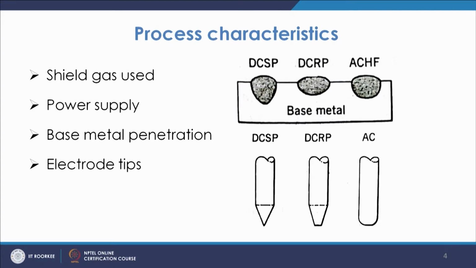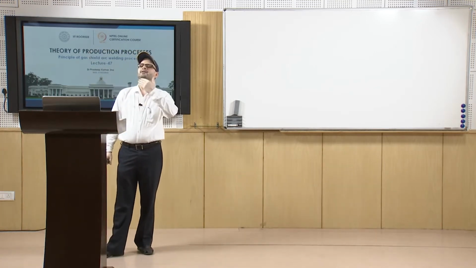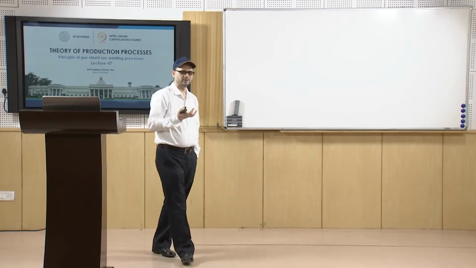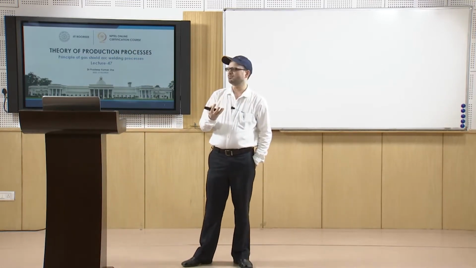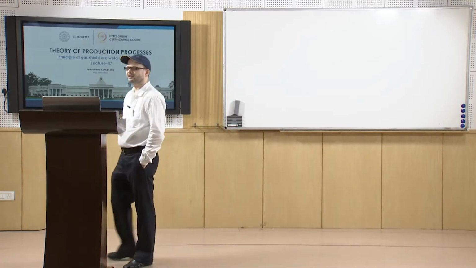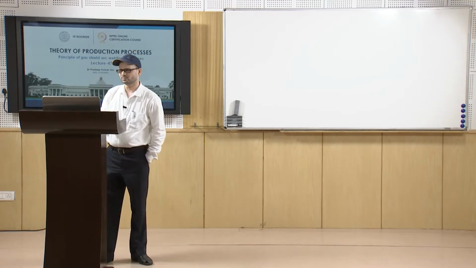Then you have base metal penetration. Penetration will be more in the case of DC straight polarity, because more heat will be generated at the workpiece and less heat at the electrode, so you will have larger penetration possible.